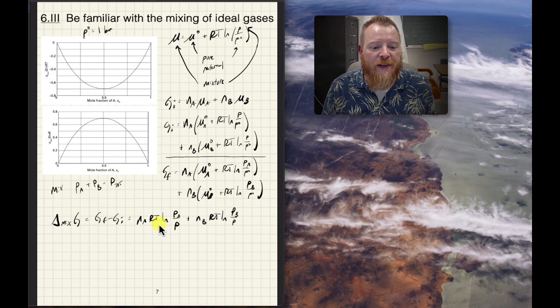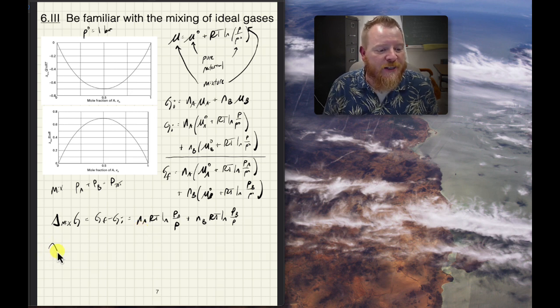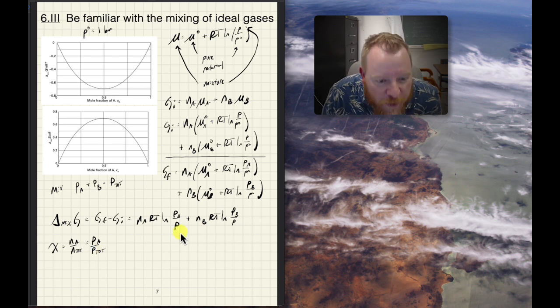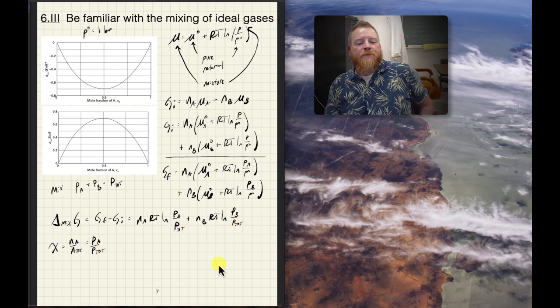So if we divide this whole thing by the total number of moles, N, and remembering that for ideal gases, mole fraction could be Na over N total, which is the same thing as saying Pa over P total. So that's where I was confusing myself. That needs to be total, right?